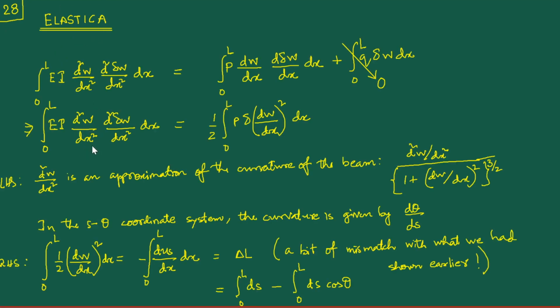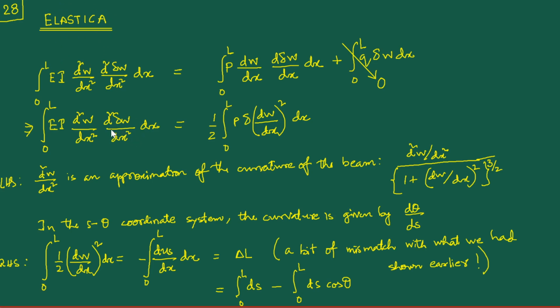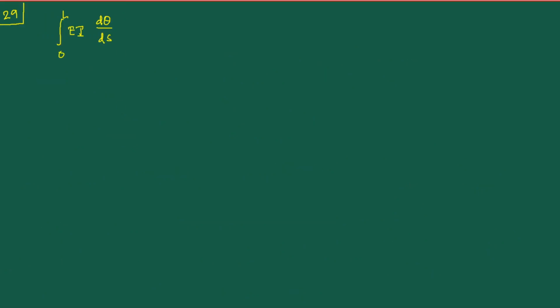We have d square w dx square, that is the curvature, and that can be written as d theta ds. So let's write that, d theta ds. Next we have this d square delta w dx square, which is basically just the first variation of d square w dx square. So this can be written again as d delta theta ds. We have basically just taken the delta of d theta ds and taken this first variation inside the differentiation. So this is all set, the left hand side.